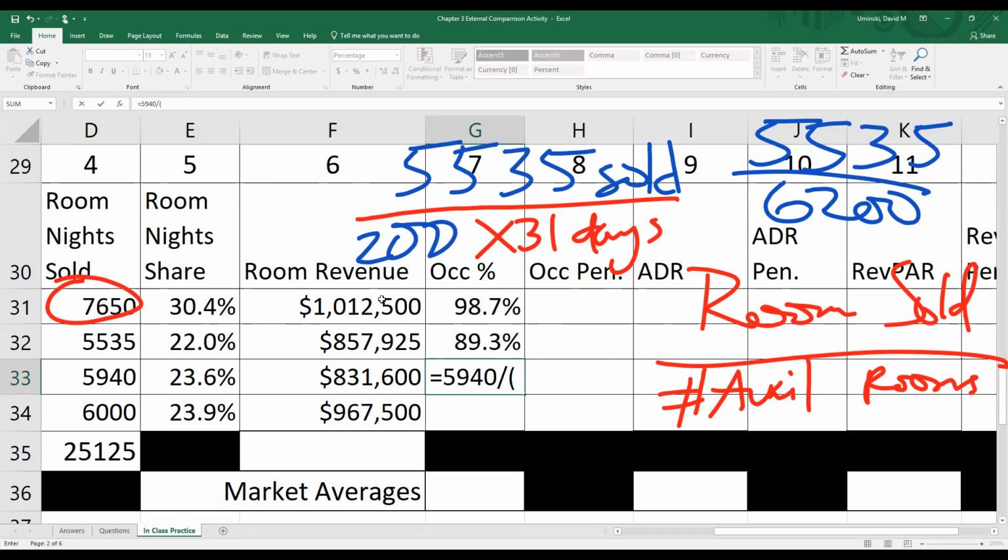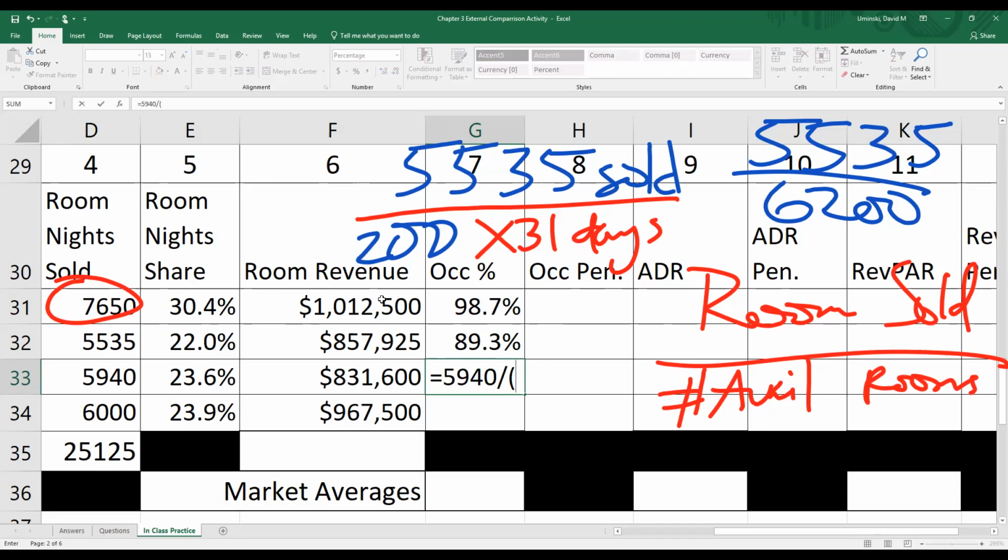It does matter if they don't reach their fair share, because we want everyone to meet their fair share. Once we look at this other data of occupancy, ADR, and RevPAR, it might tell us why they didn't meet their fair share.